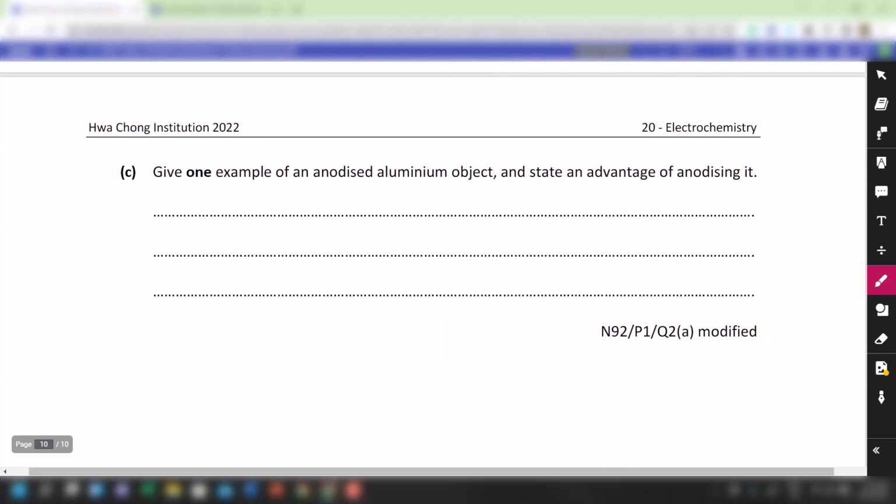Then for part C, give one example of an anodized aluminium object. I think there's a lot of examples which you can use. For example, window frames, drink cans, and you also know that anodizing increases the thickness of the corrosion resistant Al2O3.